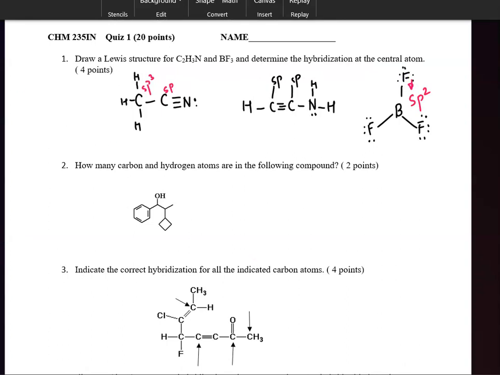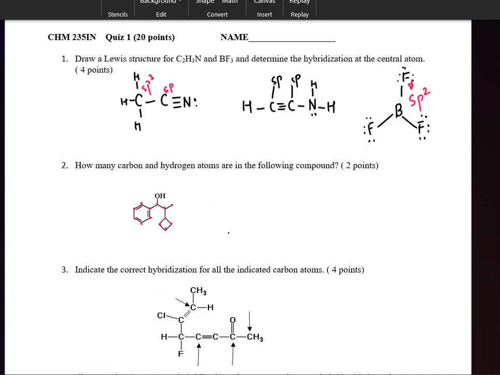Alright. The next question is asking you how many carbons and hydrogens are present in the following compound. So if you have to count every carbon, let's mark all the carbons. So we have 1, 2, 3, 4, 5, 6, 7, 8, 9, 10, 11, 12, and 13.